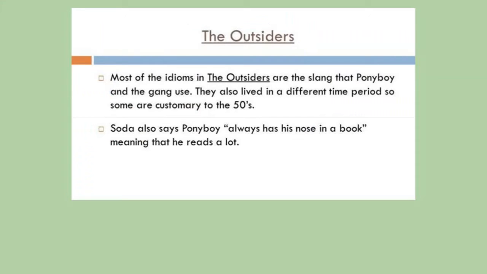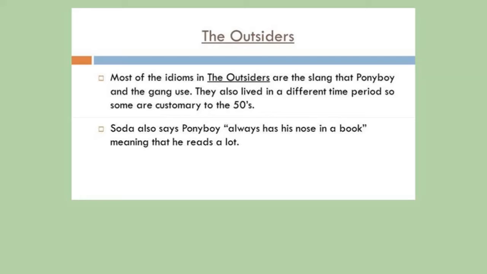Let's look at some examples of idioms that are used in The Outsiders. Most idioms in The Outsiders are slang that Ponyboy and the gang use. They also live in a different time period, so some of the customs are from the 50s, right? Not necessarily things that we would use now.